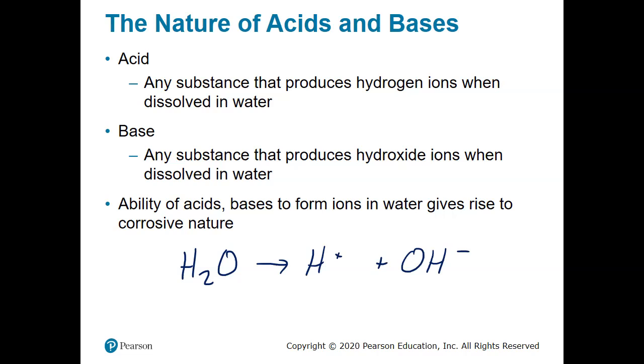Now, this splitting that occurs in water is what gives water its neutral character when we talk about pH, because we end up having an equal amount of hydrogen ion and hydroxide ion, so they more or less cancel each other out. In acids, we'll see considerably higher hydrogen ion concentrations, and in bases, we'll see considerably higher hydroxide concentrations. But in neutral water, we see both in roughly the same concentration, and their acidity and basicity kind of cancel each other out.